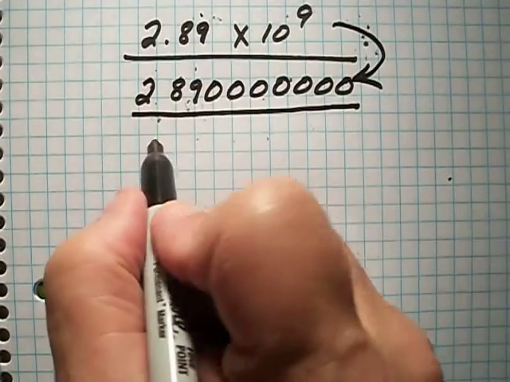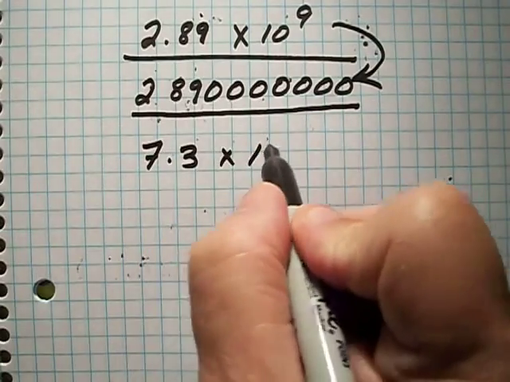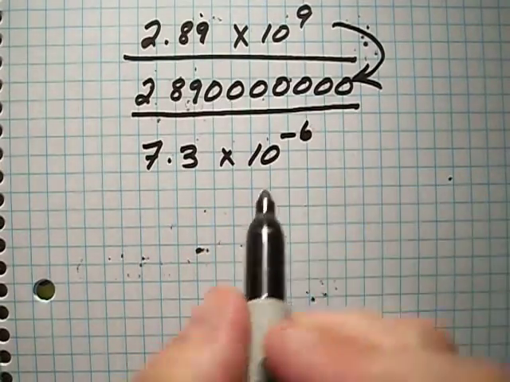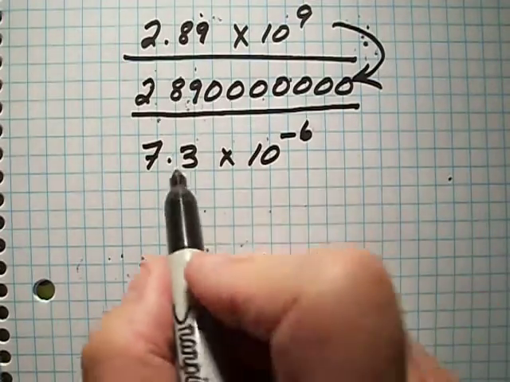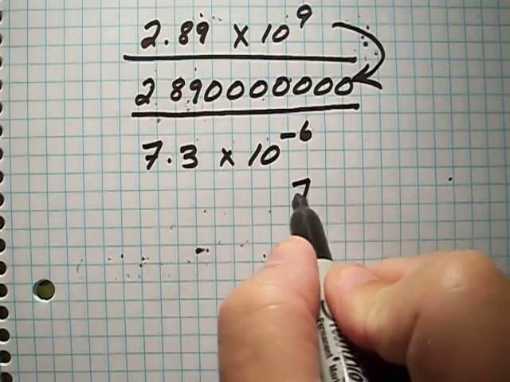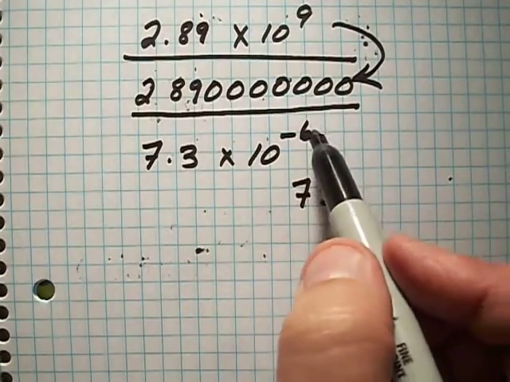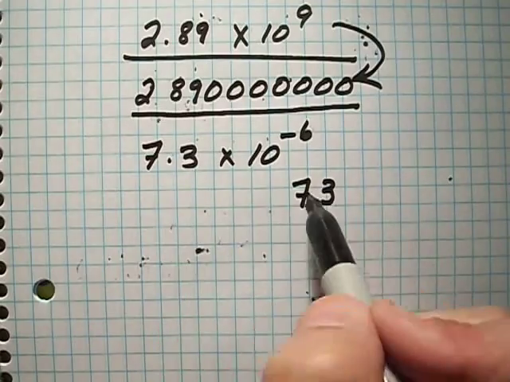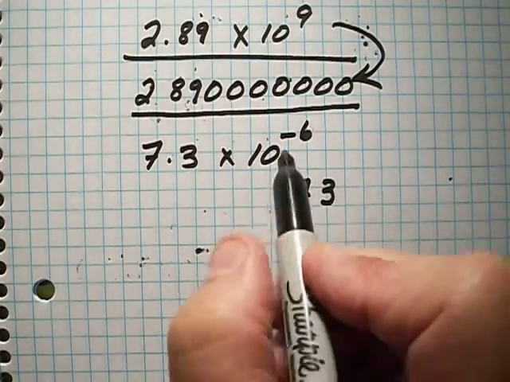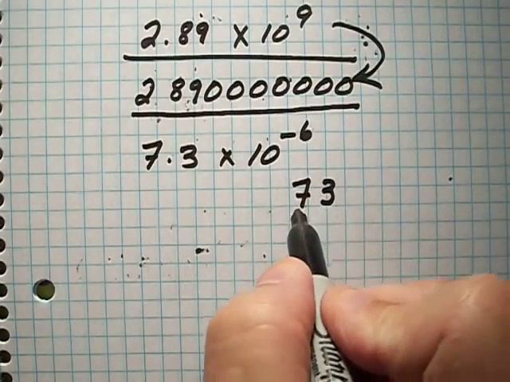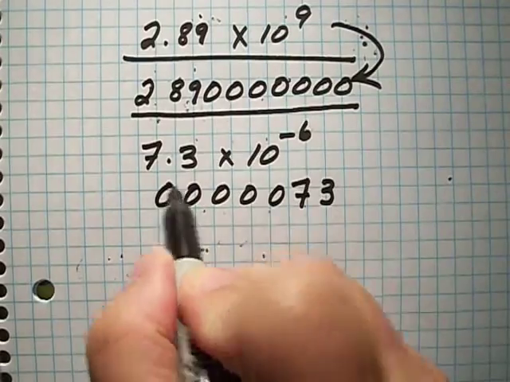Okay, what about our second number? 7.3 times 10 to the negative 6. In this case, we have our number 7.3. I'm going to write 73. We counted to the right before, so now we're going to count to the left 6 times: 1, 2, 3, 4, 5, 6.